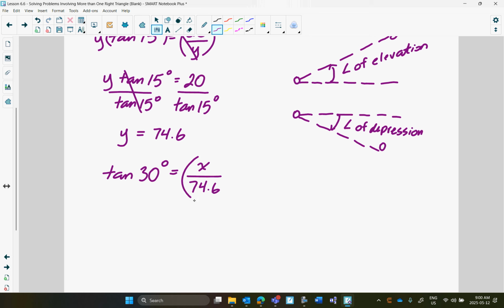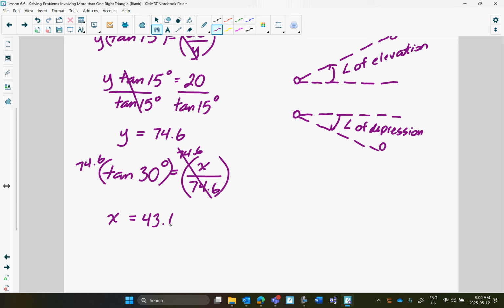One step to isolate x, and that's to multiply both sides by 74.6. So x is going to be 74.6 times the tan of 30, 43.1.